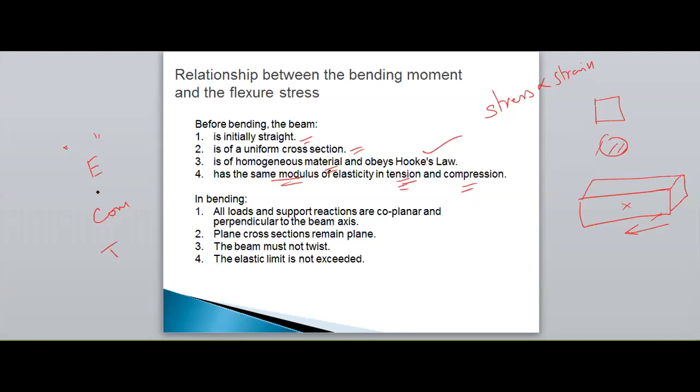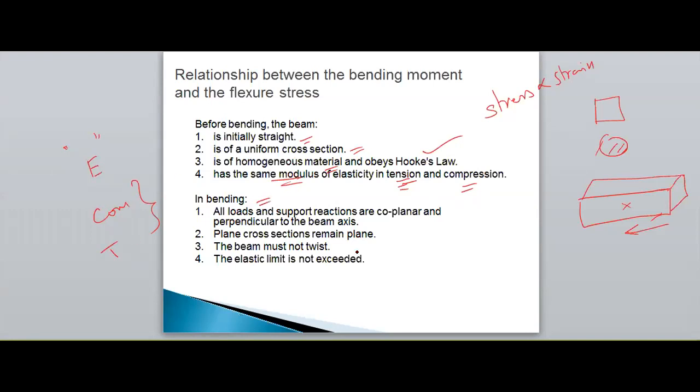Both are the same. We are assuming it, but actually it will not be the same. We are assuming it is the same while deriving this equation.